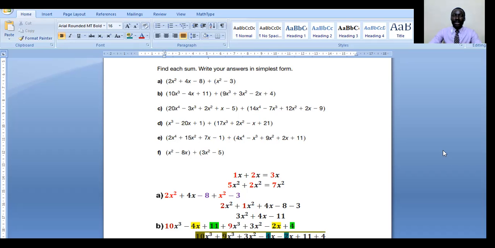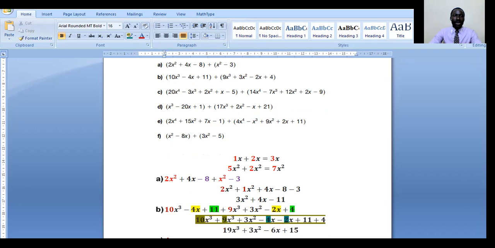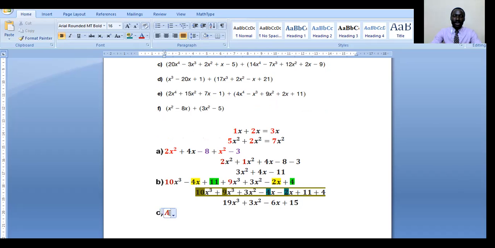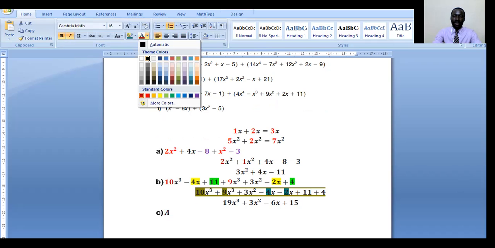So there we go. Watch this last part carefully so that you don't miss on your exercise. So C is saying that we add, well, the first expression or the first whole thing here is 20x raised to power 4, 20x raised to power 4.